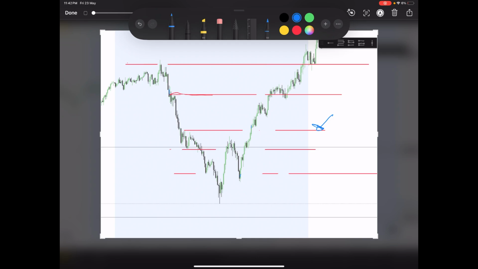So it can take out this high and then just start reversing back downwards to this order block here. And that's where you're going to get another entry for your longs, seeking even higher highs. So this high here, there's equal highs. You're going to seek that option for the next trade. So that's an option that could happen, yeah?